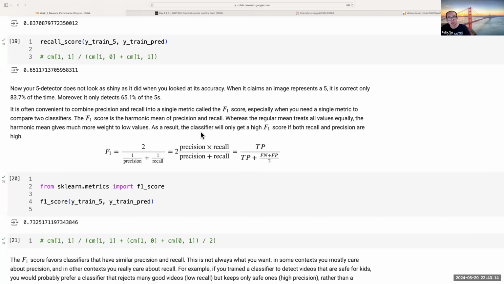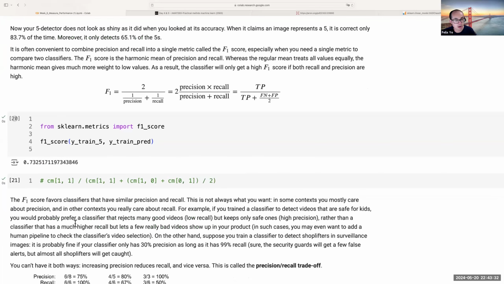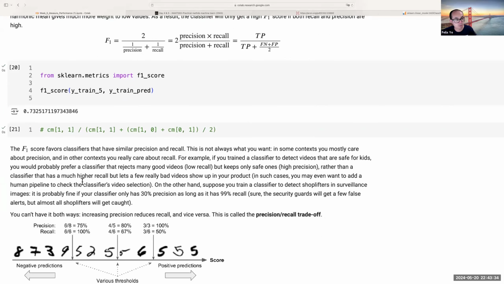Basically, the classifier only gets a very high F1 score if both of them are high. So you can think of the F1 score as a better metric than the accuracy. We can calculate this F1 score. It's 0.73, which is not very good, as you can see right here.